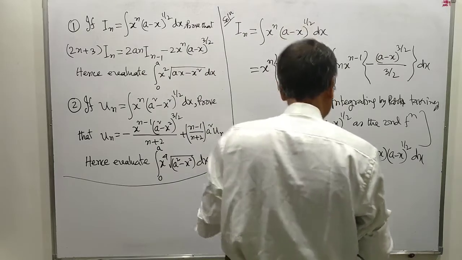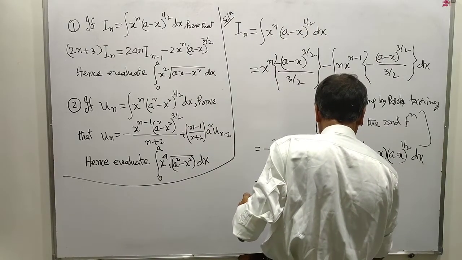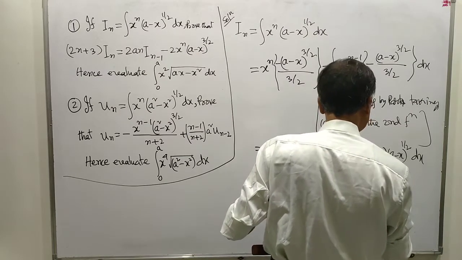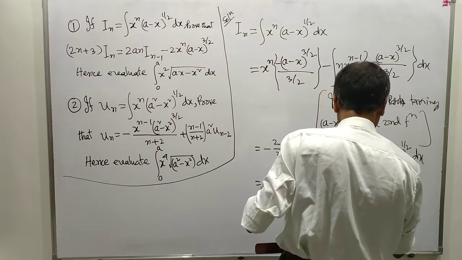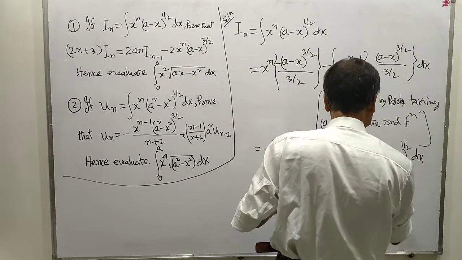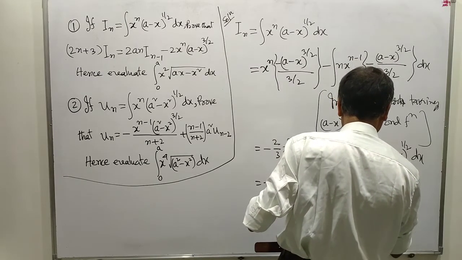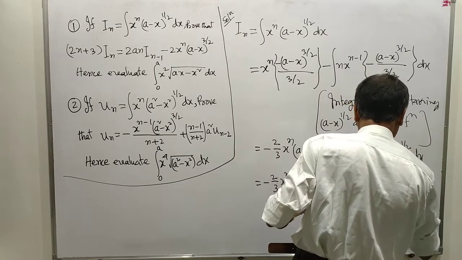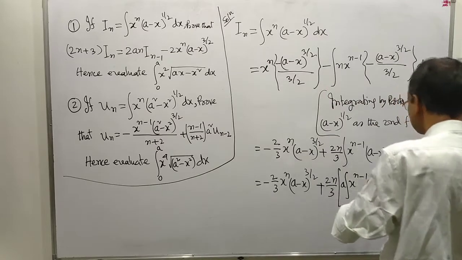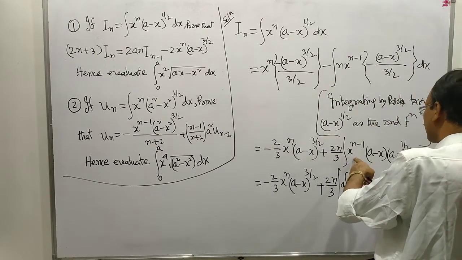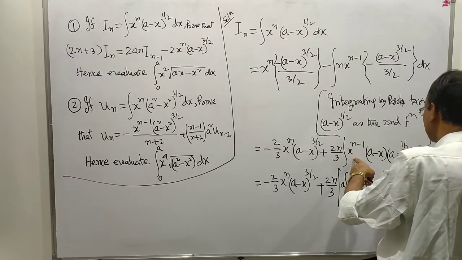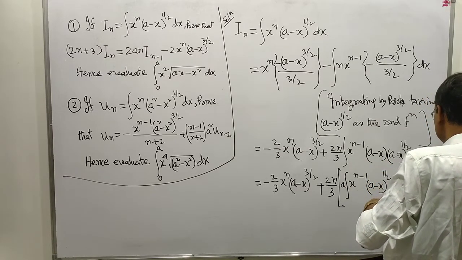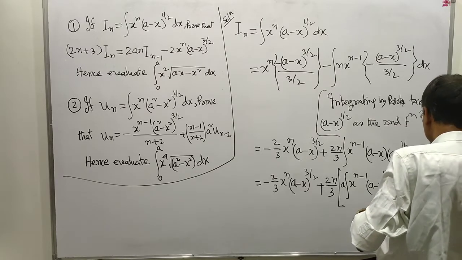Just write like this: twice n by 3 into a times integral x to the power n minus 1 (a minus x) whole to the power half dx, minus integral x to the power n minus 1 plus 1 into (a minus x) whole to the power half dx. You may write like this.